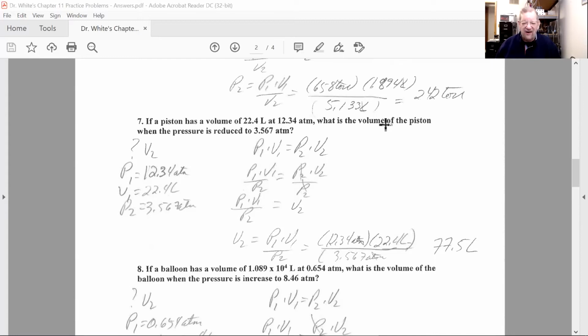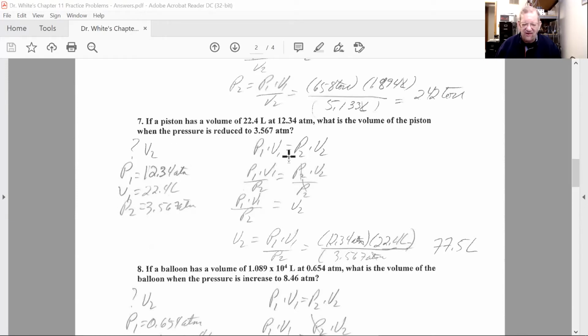What is the volume of the piston when the pressure is reduced to 3.567 atmospheres? So if we look up here, we're talking about a gas because we're talking about volume and pressure. And all you're dealing with is volume and pressure.